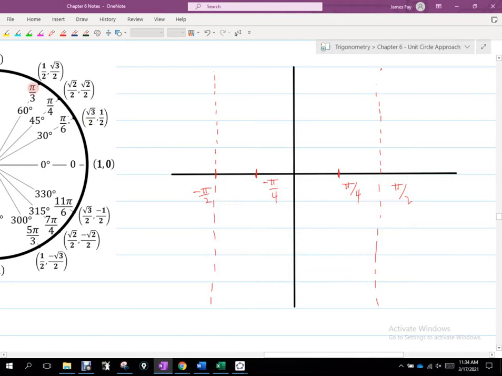When we go across the unit circle, we start dividing sine divided by cosine. At 0 radians, we should have a quotient of 0.